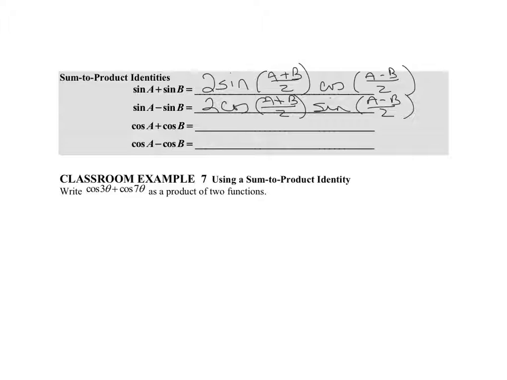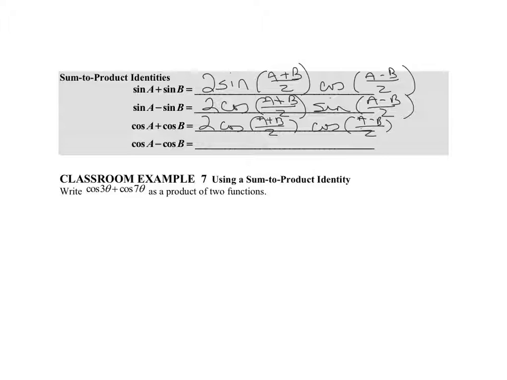When it's a cosine of angle A plus cosine of angle B, we have 2 times the cosine of the sum, (A plus B) over 2, times the cosine again of the difference divided by 2, (A minus B) over 2. Lots of formulas here. And the cosine of A minus the cosine of B is the only one that is negative.